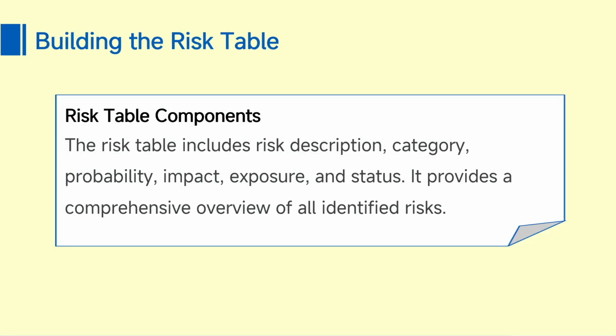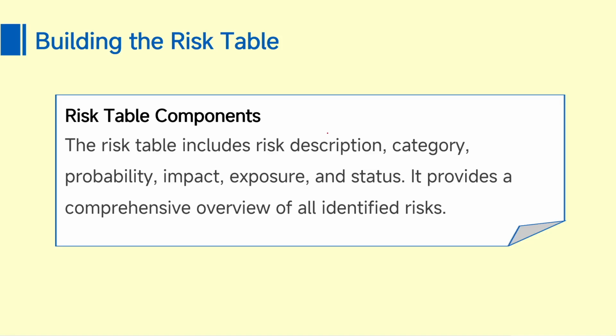Next is building the risk table. So, once you have identified the risk and you have assessed, for assessment we have to build this risk table. So, the risk table normally include the risk description, what it is going to be, the category it belongs to, the probability, impact and the exposure. Okay.